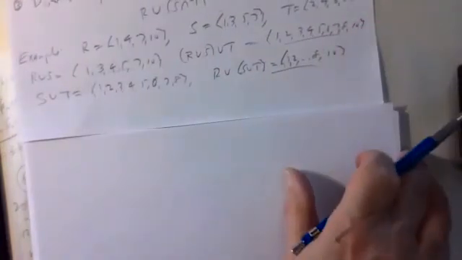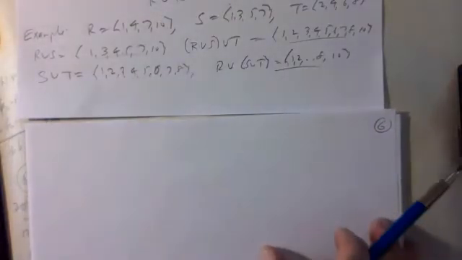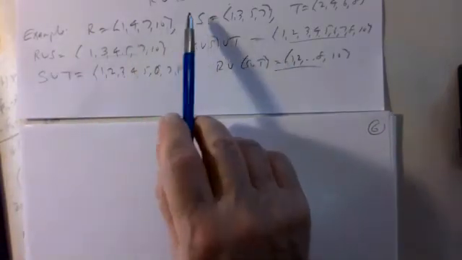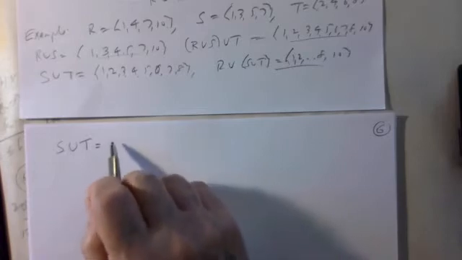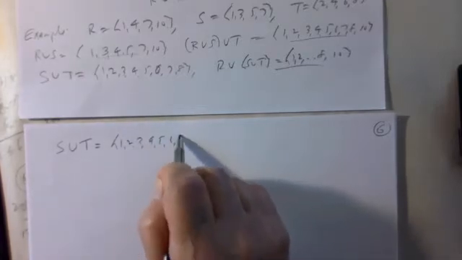Let's look at the distributive law. That's a little bit more interesting as an example. So these are my sets, R, S, and T. So S union T. S union T is 1, 2, 3, 4, 5, 6, 7, 8.